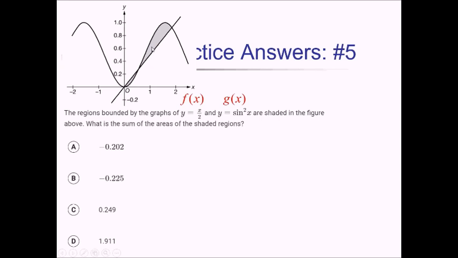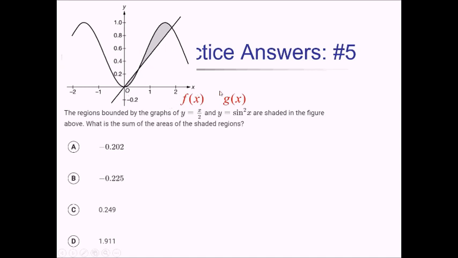So I either have to come up with two integrals, and then I'm going to have to figure out this intersection point right here, or I'm going to have to use one integral but use an absolute value around everything inside so that no matter what order I subtract things in, I'm still getting a positive value. I'm going to go the absolute value route, but I still need to find the intersection points at the beginning and the end of these shaded regions.